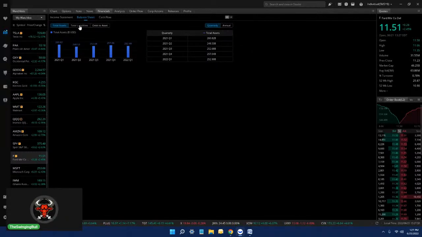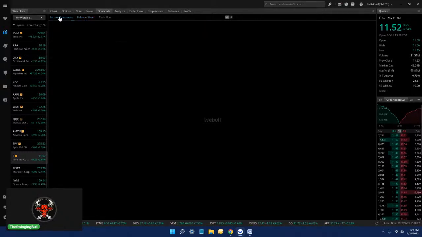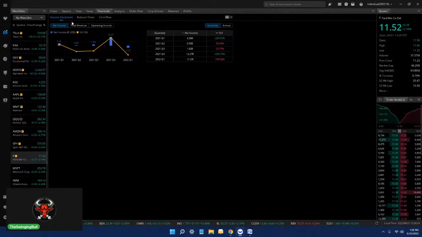And then you can compare that to how much liabilities they had, which was 207 billion. But as you can see, the assets are more than the liabilities. That's what we're looking for, everyone. We want to see them have more assets than liabilities. Okay, so that's good information to look at there. I also like looking at the income statement.